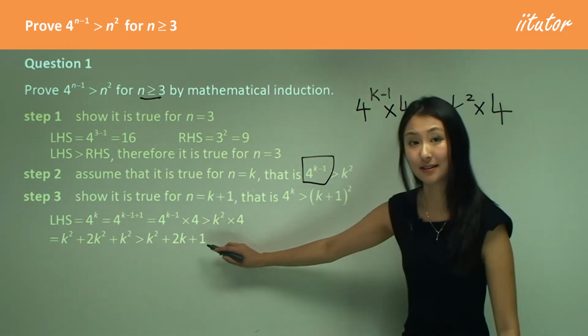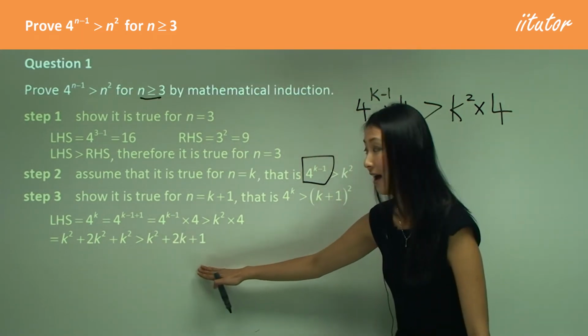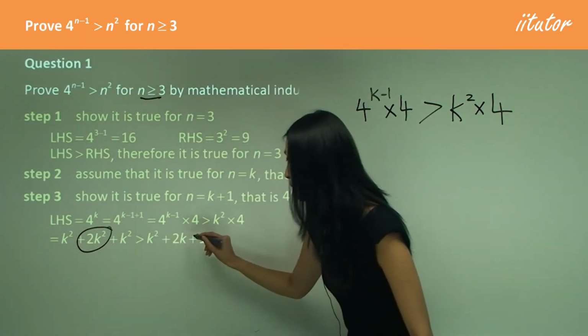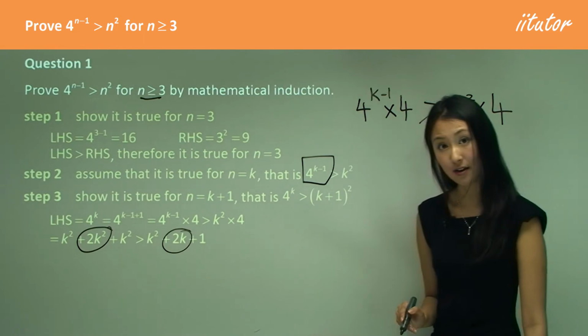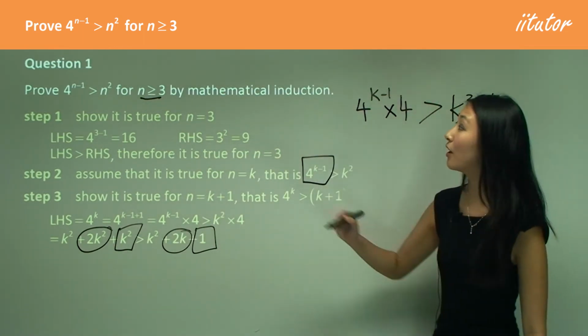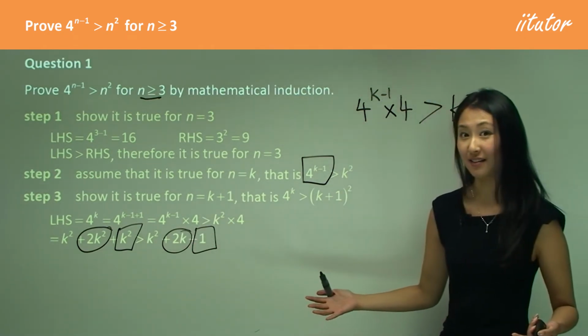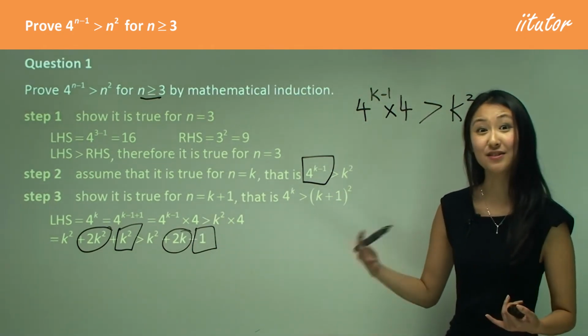This expands to this. And I can say that this is definitely greater than that because this 2k squared is greater than 2k. k squared is greater than 1 in this case because we know that n starts with 3. So 3 squared is going to be greater than 1, 4 squared is going to be greater than 1, and so on.